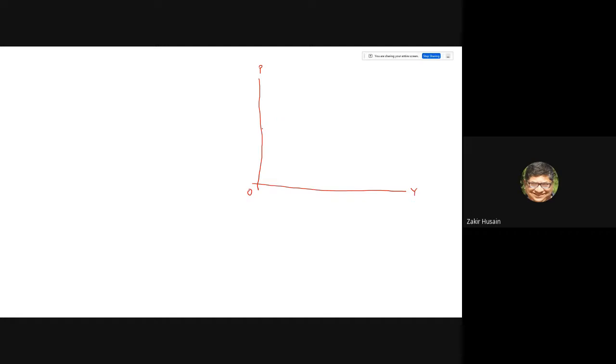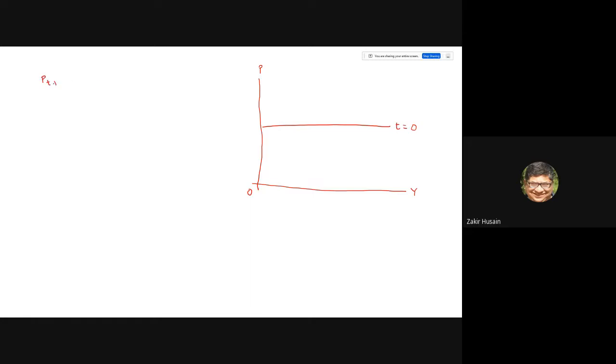Okay, so what we are saying is this is the supply curve when time is 0. Or, rather, let us make it 1.